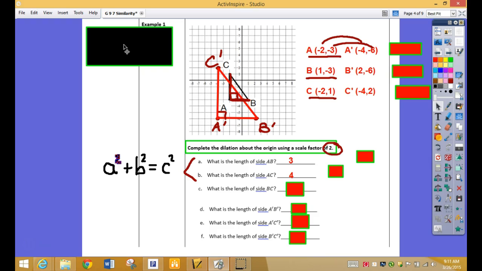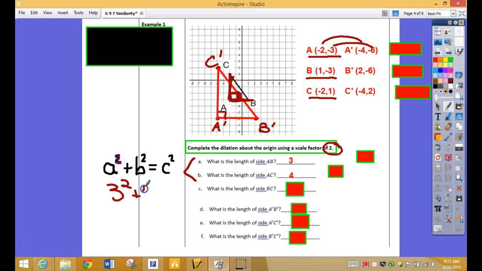So we take our A squared, which is 3. Which two do we have out of our A, B, and C? The two sides that make up the right angle are called our legs. The A and the B are our legs, and those are the two that we have. They are the 3 and the 4.